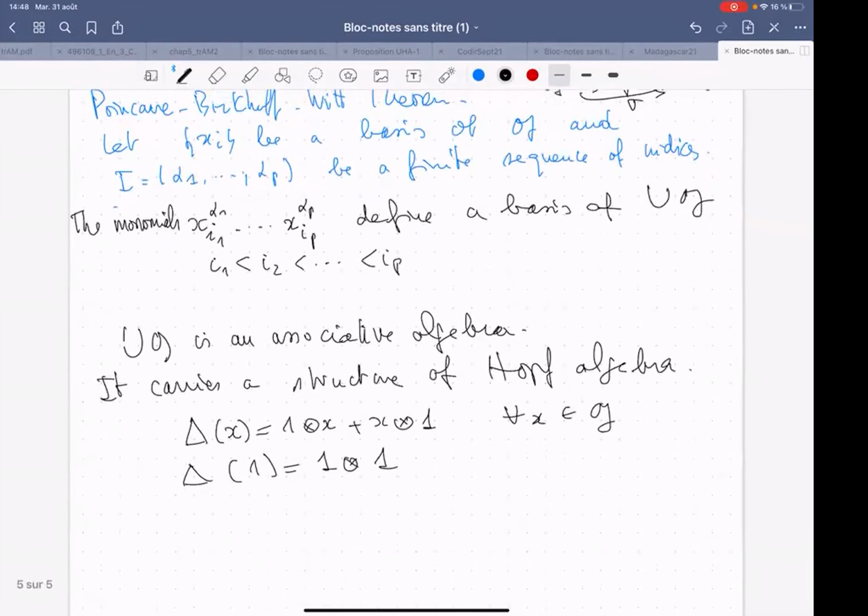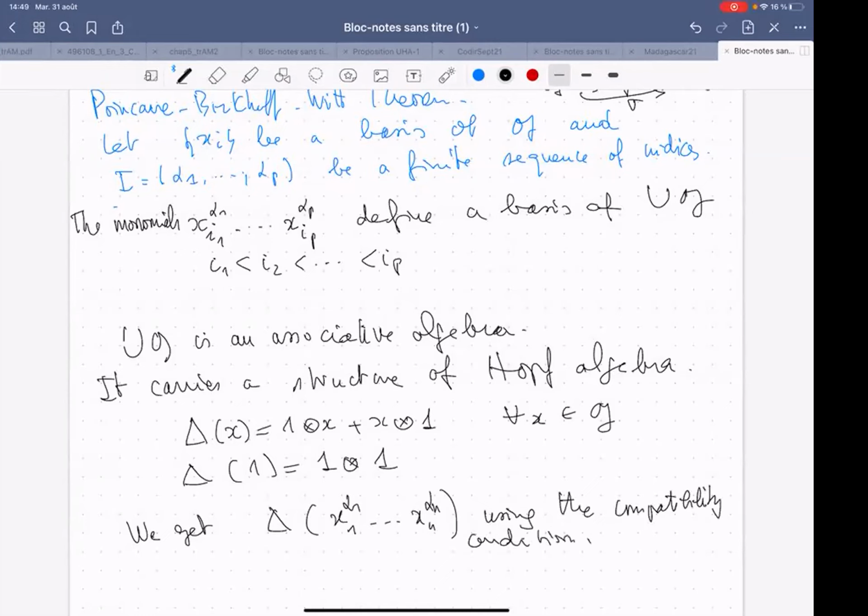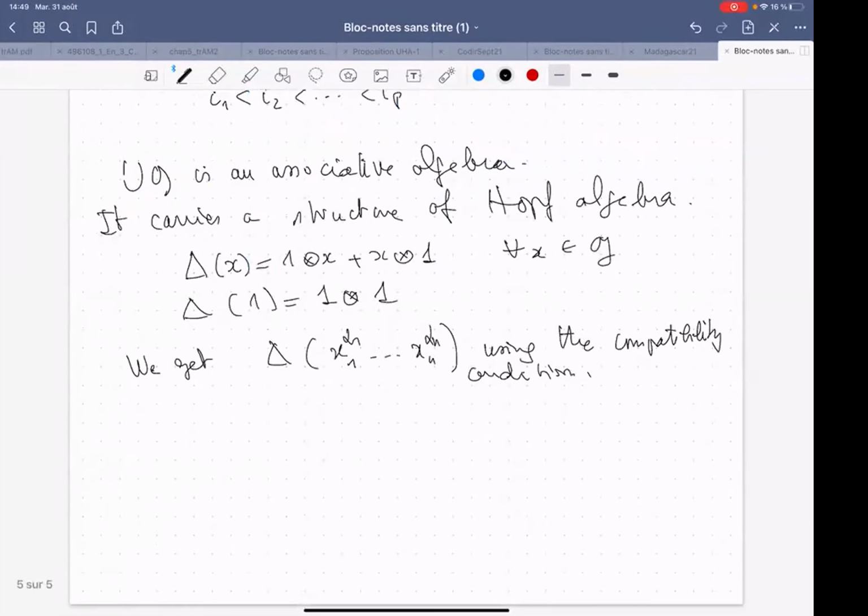Of course, if I define it like this, you could ask me how to get the co-product or the co-multiplication on x1 times x2, or x1 to alpha 1 through xn to alpha n, using the compatibility condition, which states that delta is an algebra map.